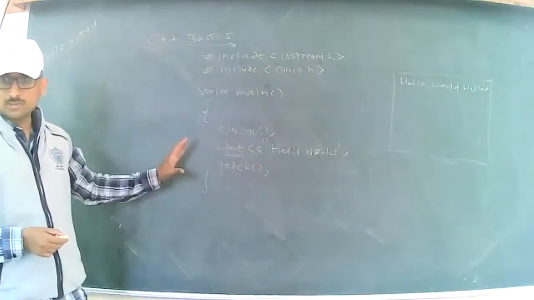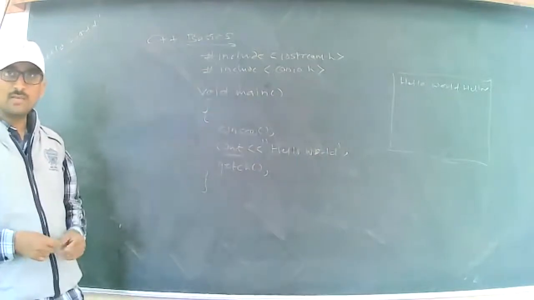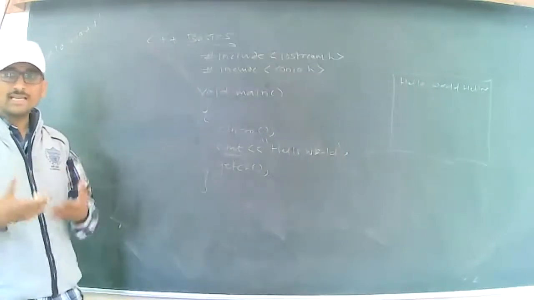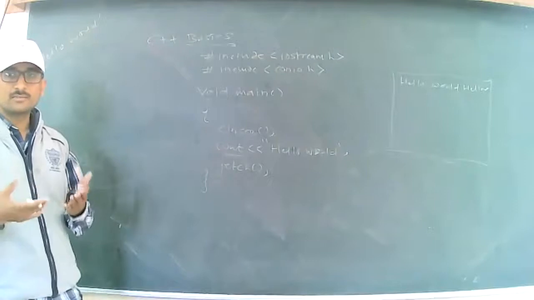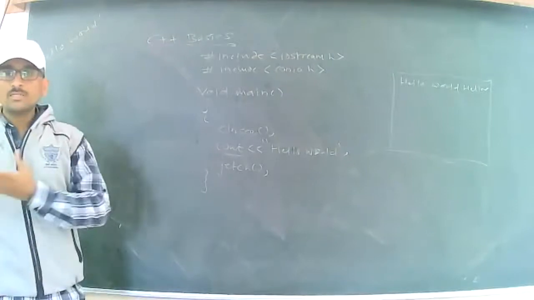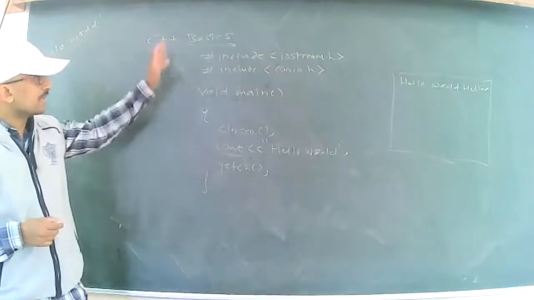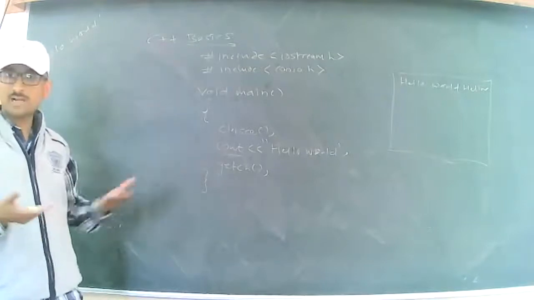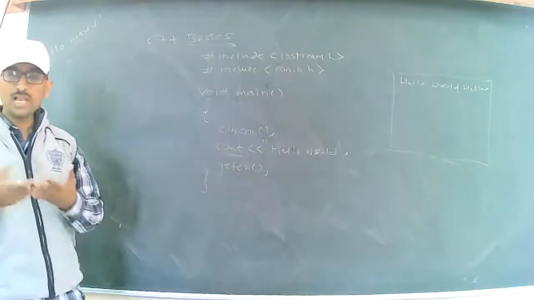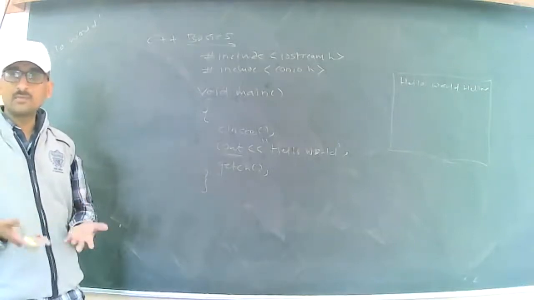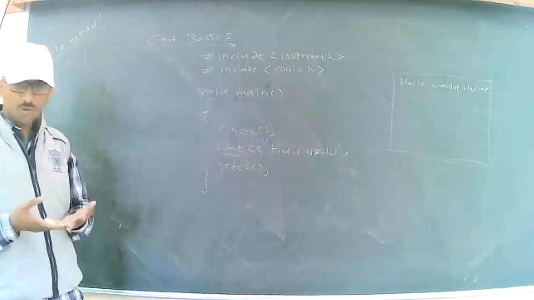Now, if you observe this program, you have not used any concept from object-oriented programming. Right? There is no such concept that you have used. You say class is nothing but object-oriented programming, which can be implemented with the help of C++ programming.